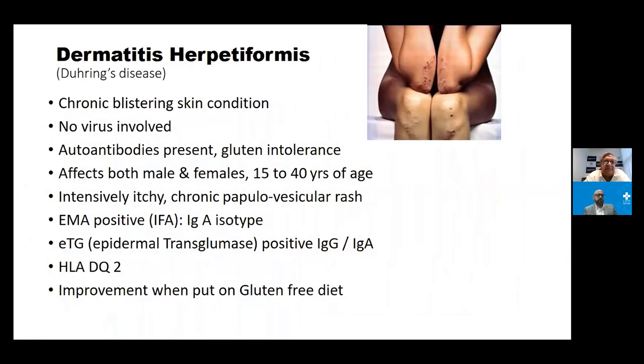It affects both males and females between the ages of 15 to 40 years. There is intense itching, chronic papulovesicular rash, and if you investigate by doing EMA test, then it will be positive by immunofluorescence. TTG will also be positive, and the patient normally will be HLA-DQ2, and there will be improvement if gluten is withdrawn from the diet.